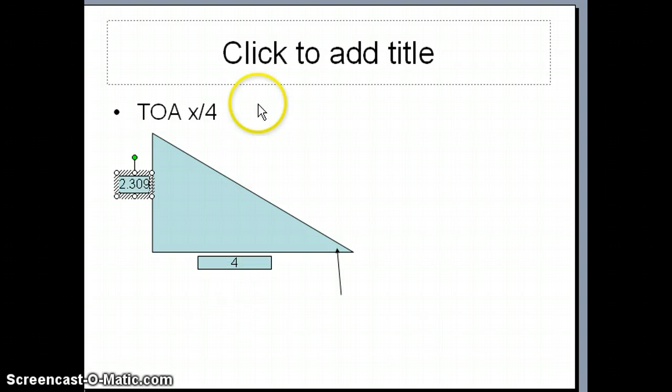Now, we can then use Pythagorean to find the last one and figure out if it is a true right triangle. So 2.309 squared is 5.331481. Now we can add 16, since 4 squared is 16, and we get 21.331481. We're going to find the square root of that, and we get 4.618.